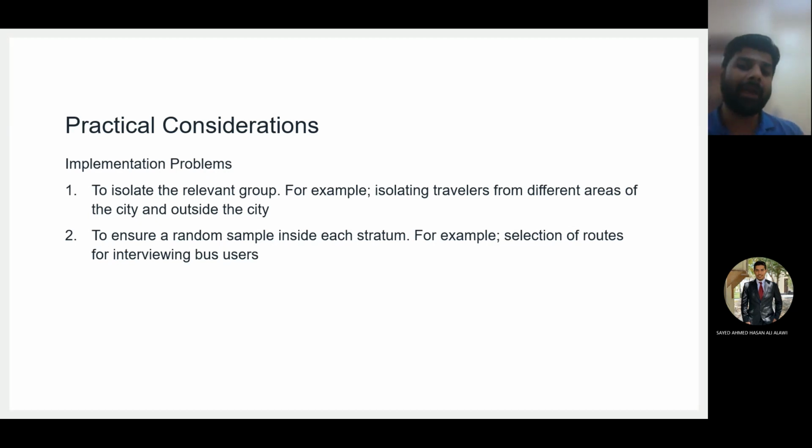Okay, but it may happen that you go for data collection and you meet a traveler who is coming from outside the city. Okay, at that time you may not know, so you will waste a lot of time collecting unnecessary responses.